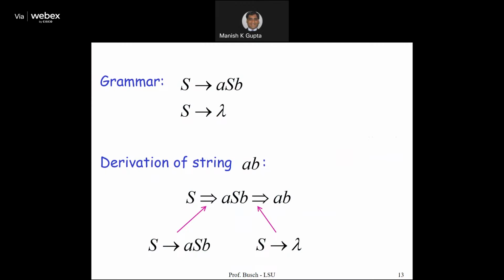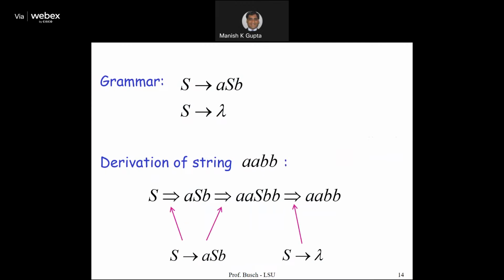Can I generate some other string? S goes to aSb, and again you use the same first rule there. You will get aaSbb, and then at S you use lambda again, so you get aabb. So this is something nice.